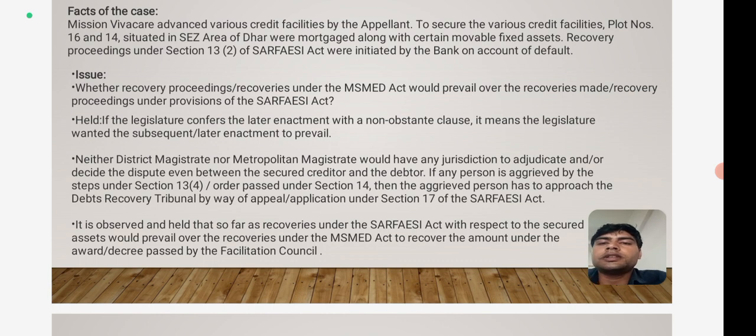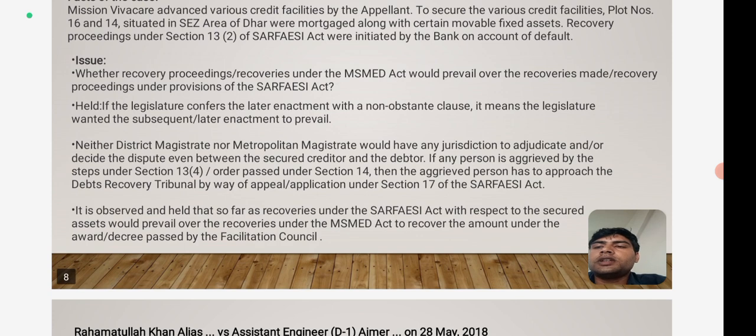If any person is aggrieved by a step under Section 13(4) or an order passed under Section 14, the aggrieved person has to approach the Debt Recovery Tribunal by way of appeal or application under Section 17 of the SARFAESI Act. It was observed and held that, so far as recovery under the SARFAESI Act with respect to secured assets is concerned, it would prevail over recovery under the MSMED Act, that is recovery of the amount under an award or decree passed by the Facilitation Council.